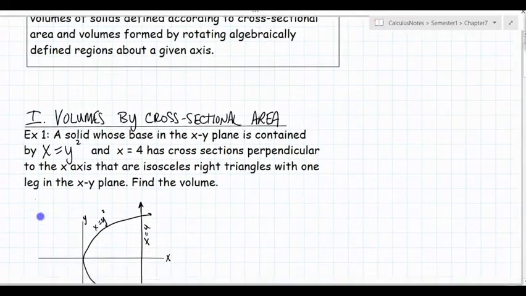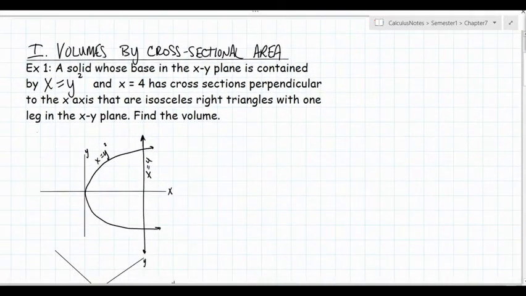So we have a solid that is described this way. It has its base in the xy plane contained by the parabola x equals y squared and the line x equals 4. And the cross sections are described as isosceles right triangles with one leg in the xy plane. So what we want to do is imagine we take a big lump of clay and just plop it on top of the x and y axis.